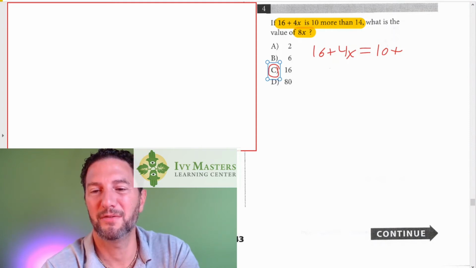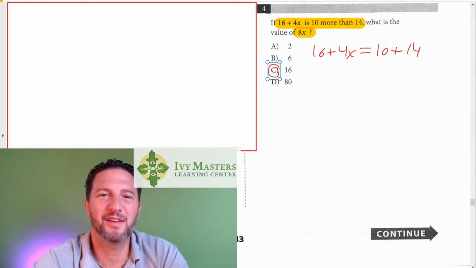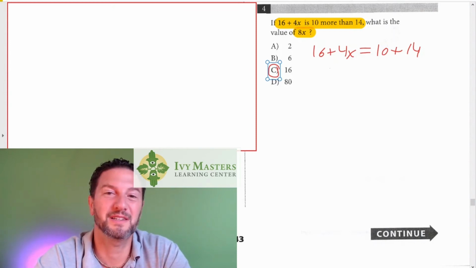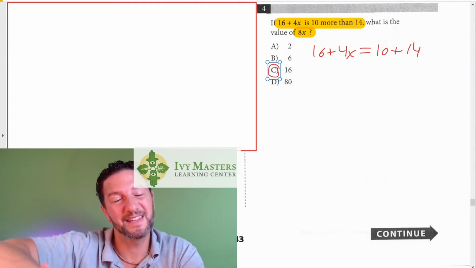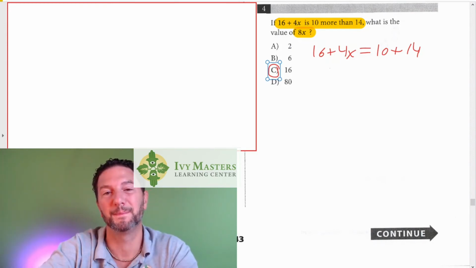Some of you want to add the 10 to the left side, because 16 plus 4x is 10 more, so 16 plus 4x plus 10. But you can think of it this way. If 16 plus 4x is 10 more, then we've got to add the 10 to the other side, to the 14, in order to make them equal.